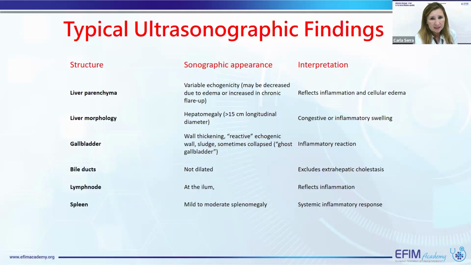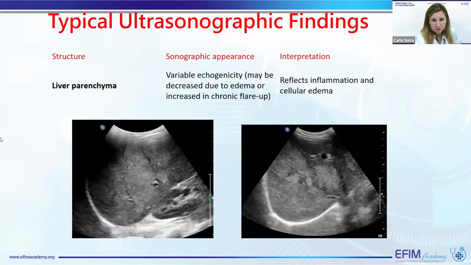It depends on the severity of the acute hepatitis, and all these kinds of findings are due to inflammation, edema, congestive disease, inflammatory reaction. So we can evaluate these structures one after one.